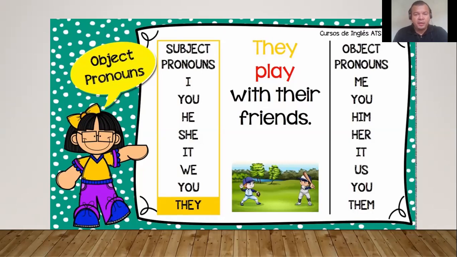Subject pronoun it, object pronoun it. Subject pronoun we, object pronoun us. Subject pronoun you, this is in plural, object pronoun you, always in plural. Subject pronoun they, object pronoun them. For example, they play with their friends. Let's continue.